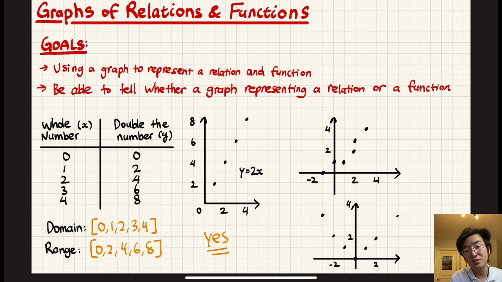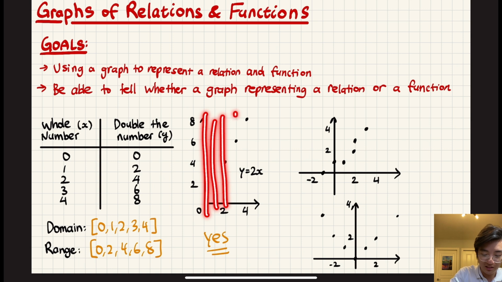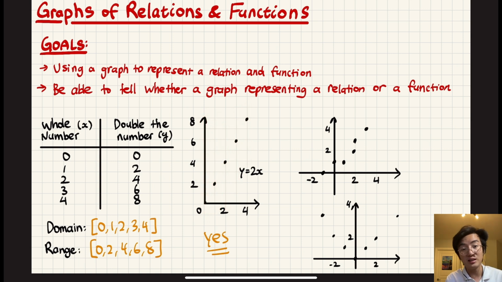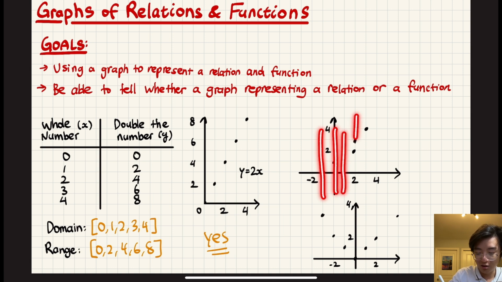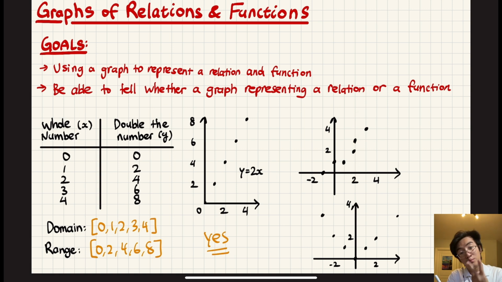An easy way to test whether or not something is a function is what we call the vertical line test. At any point, if we can draw a vertical line and have the line touch only one point, then it is considered a function. For example, in this example, we can start drawing a line through all those dots, but we notice that the line we draw here will go through 2 different points on this relation, which means that this is not a function.